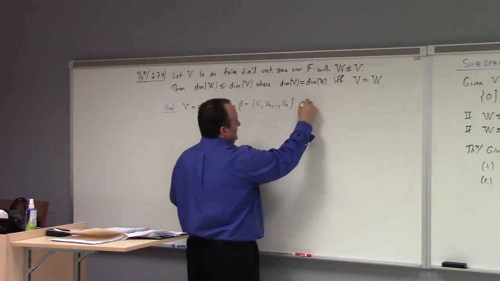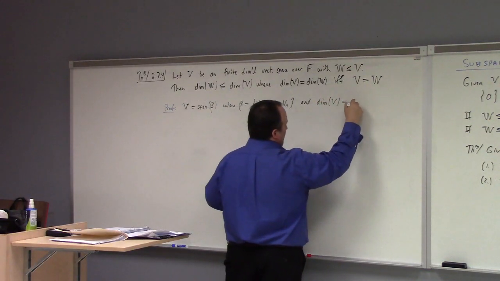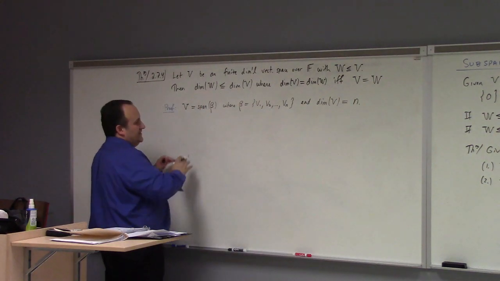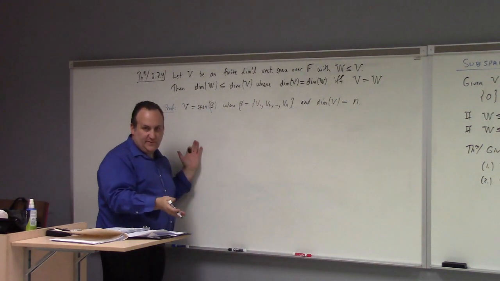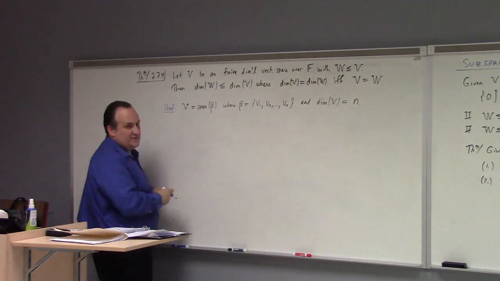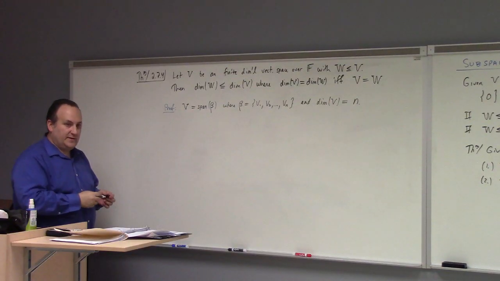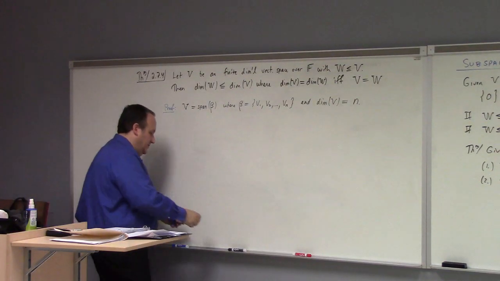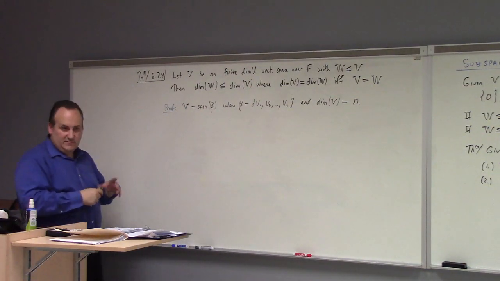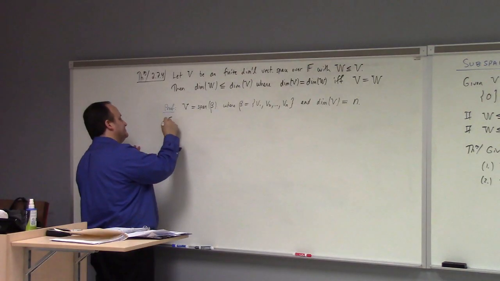And by definition, what's the dimension of V in this context? Just n, right? This is assumed, it's a finite dimensional vector space. I'm just making an explicit notation for the basis to make it as concrete as possible. You probably could get away with not even writing this down and just using words.